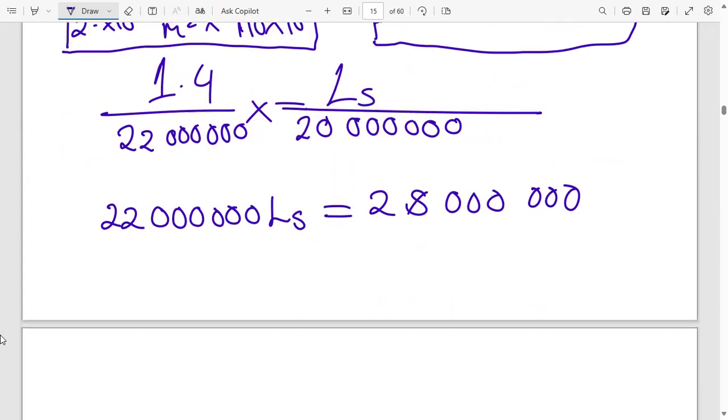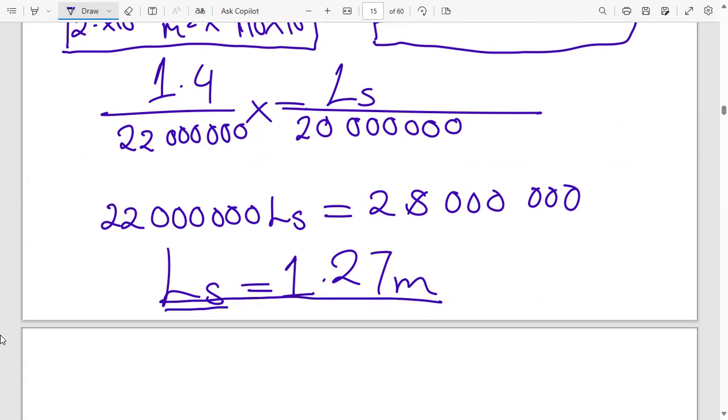So I'm getting L2, or the length of steel, equal to 1.27 meters. Have we found the same thing?